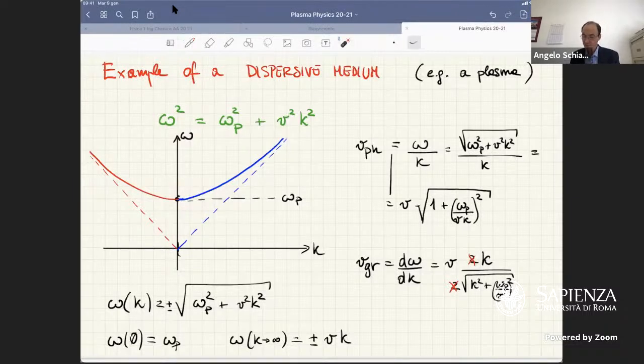We find that the group velocity is not equal to the phase velocity anymore.